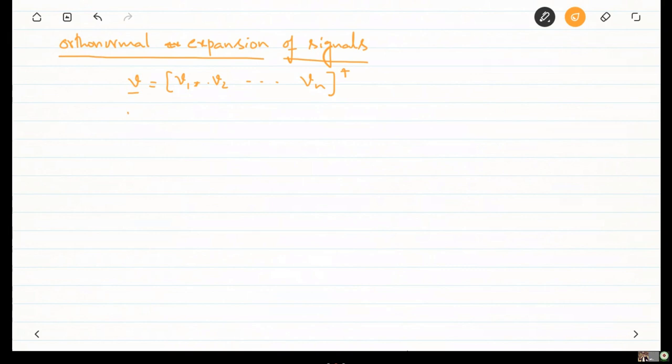So if I am given a signal S of t, then I should be able to represent this S of t as a vector S1 up to Sn, having n components, with respect to some basis vectors, or with respect to some signals that span this. So we'll be doing that. Let's start with this.